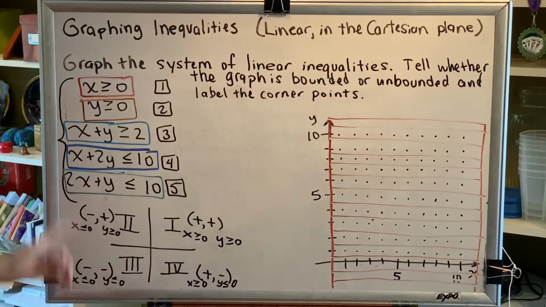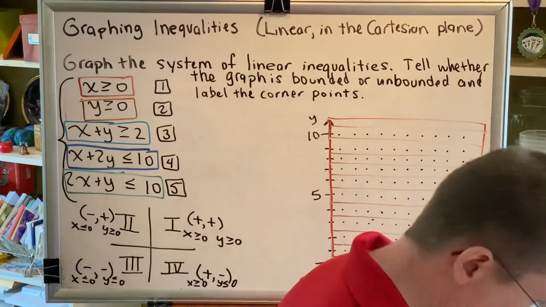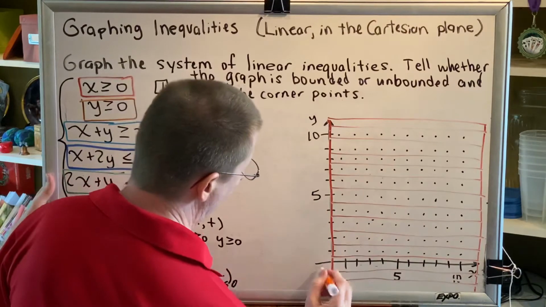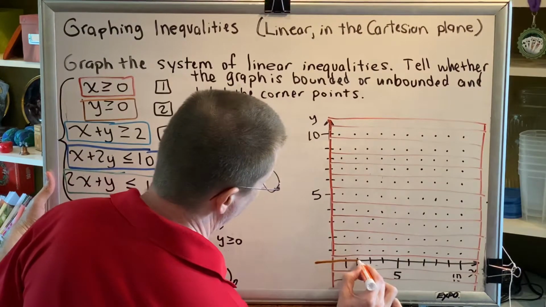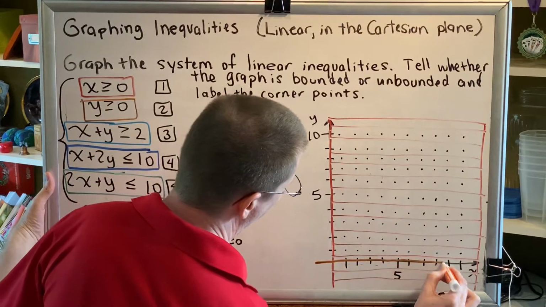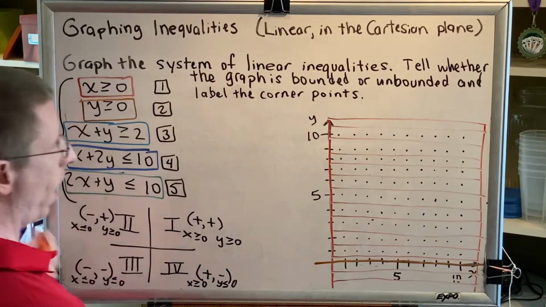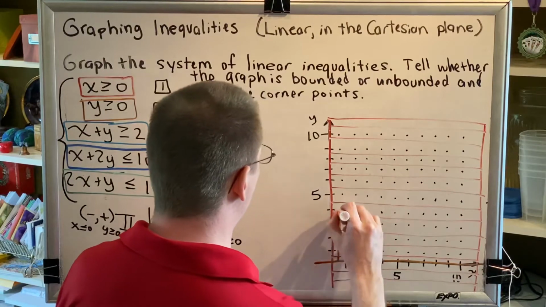And with our second inequality, y is greater than or equal to 0, I'm going to put my line on top of the x-axis. And then I'm going to shade up because it says y is greater than or equal to.